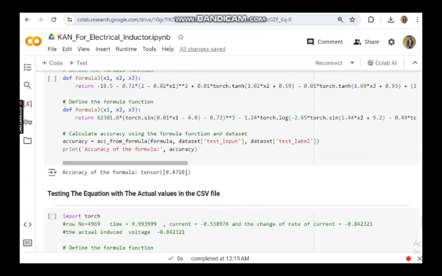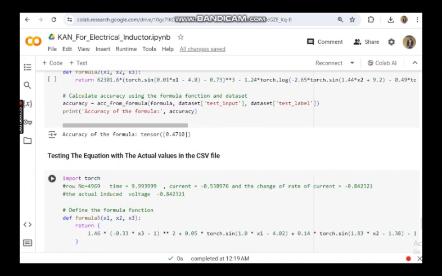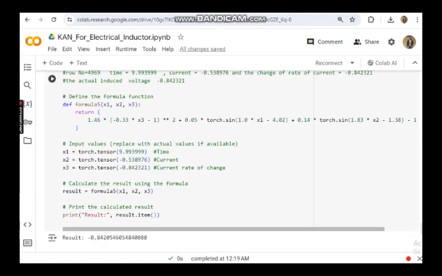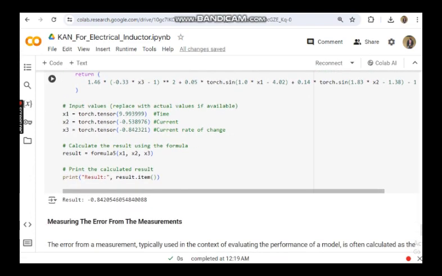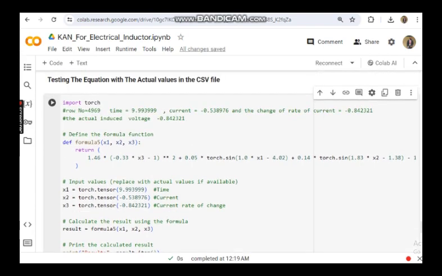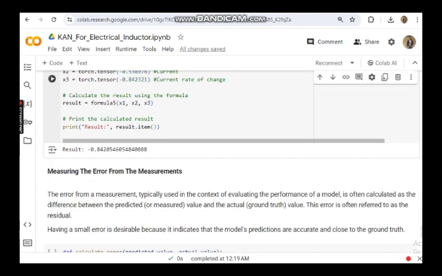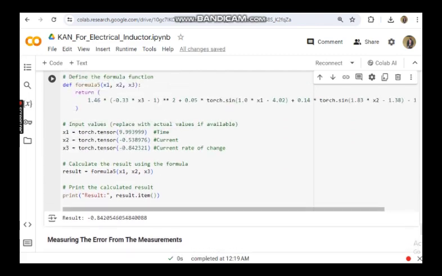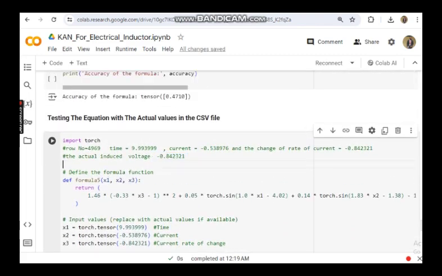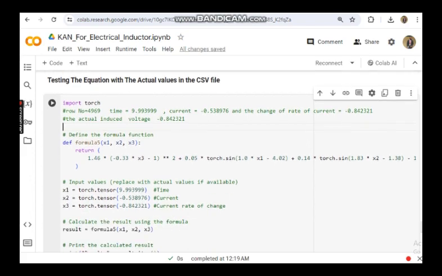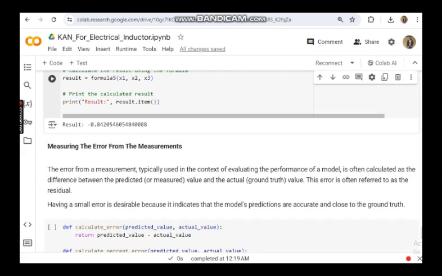Then I tested the equation with the actual values from the CSV file. I tested it with several rows, but I got the row 496.9. That's the row I used to test this model. Then this is the final answer, and it's very close to the actual value, within 2 decimal places. It's not very accurate, but you can see the results. It's able to simulate the behavior. It's very, very close.